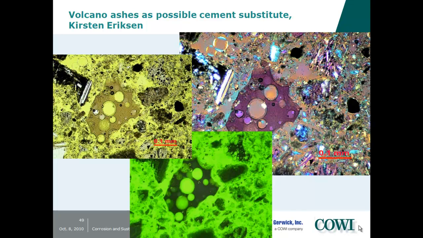She's been looking in a microscope at this, and she's made different strength measurements and so on. It showed actually that the Icelandic volcanic ash may not be that efficient because the strength development was not that high. But there are many volcanoes in the world where they have good cementitious properties and where you can use them for a cementitious substitution.